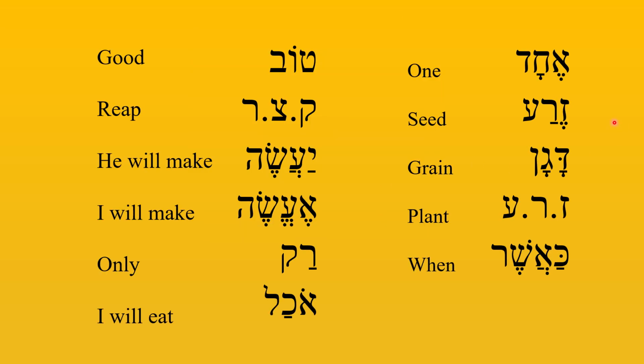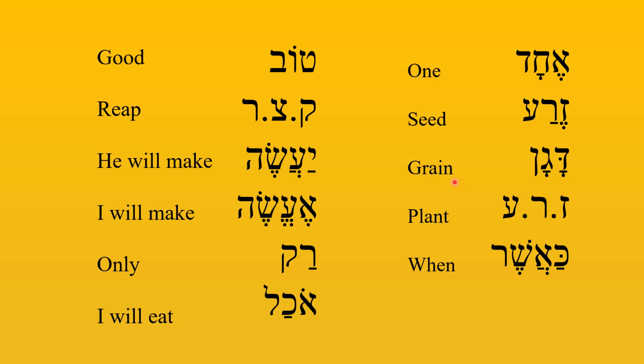So here's a look at the new vocabulary for this particular reading, and as your book says, the vocabulary is just for you to be able to do the translations. It's not something that you necessarily have to memorize, but we'll go through the vocabulary here. We have echad, which is one, zera, which is seed.